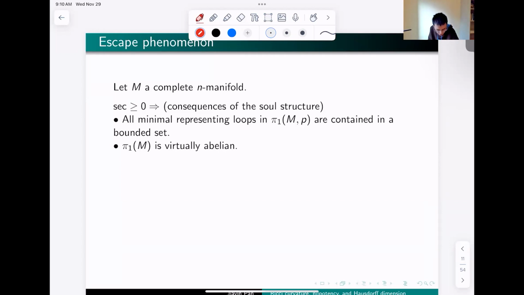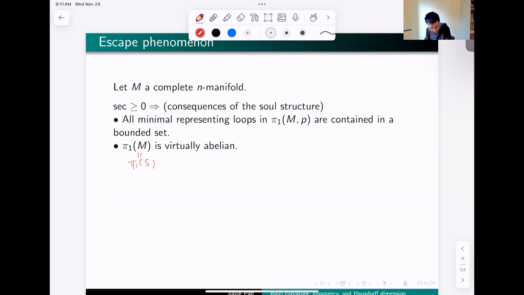And the second thing is the fundamental group is always virtually abelian. Again, this follows from the soul structure because your whole manifold is homotopic to a closed submanifold of non-negative sectional curvature. So the fundamental group didn't change. For a closed manifold with non-negative sectional curvature, the fundamental group is always virtually abelian. So this will be the same as the fundamental group of the soul.